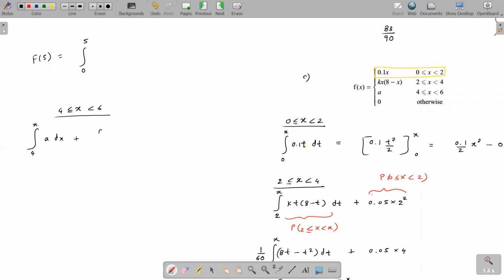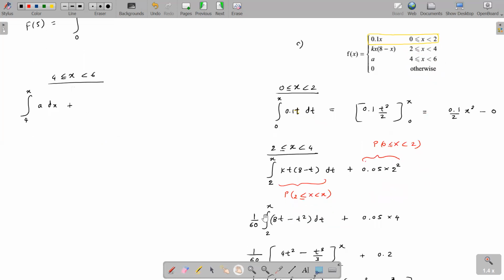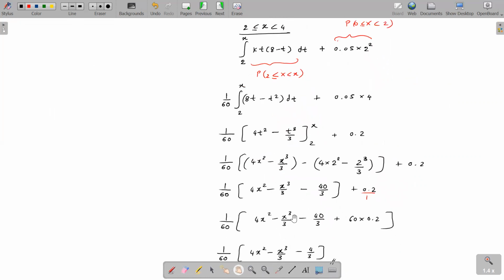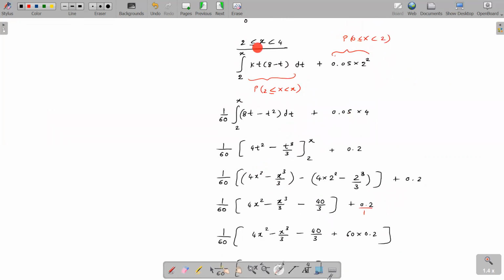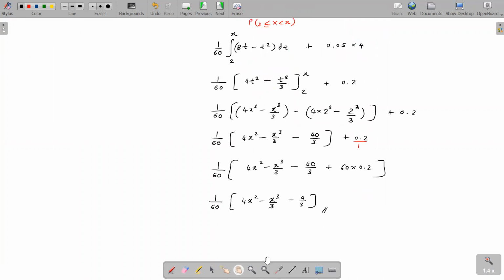So I need to get the total area from 0 to 4. How do I get the total area from 0 to 4? I think you can see here, I can now use the CDF function for x values from 2 to 4, because I got this CDF. All I have to do is replace x with 4 and it will immediately give me the total area from 0 to 4.